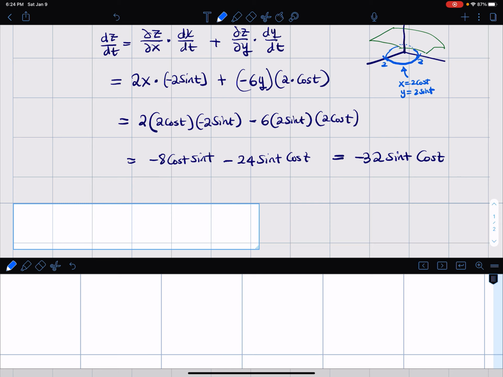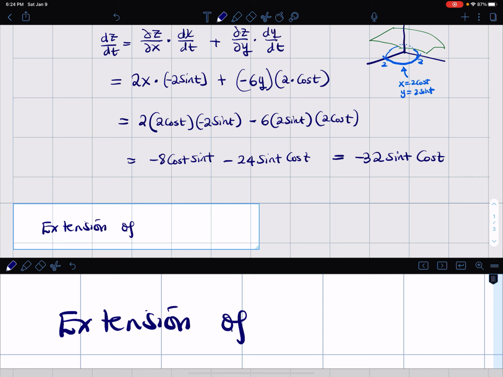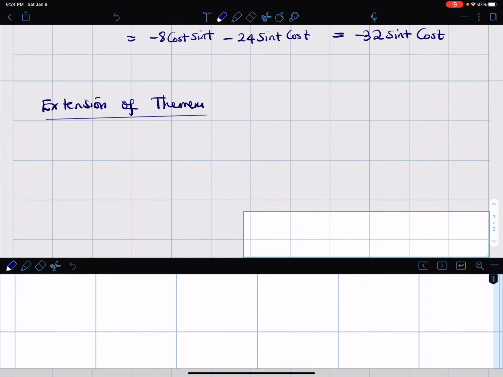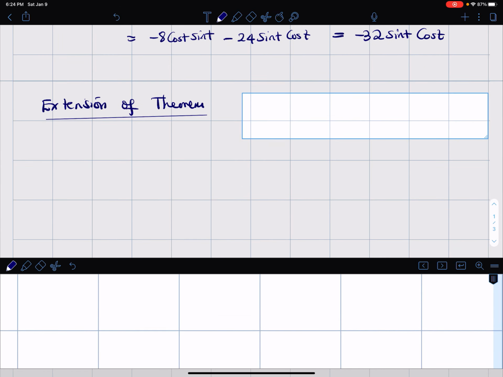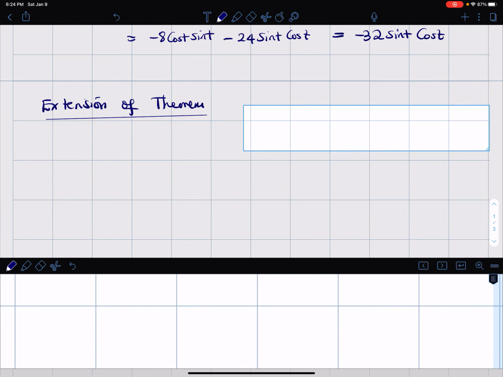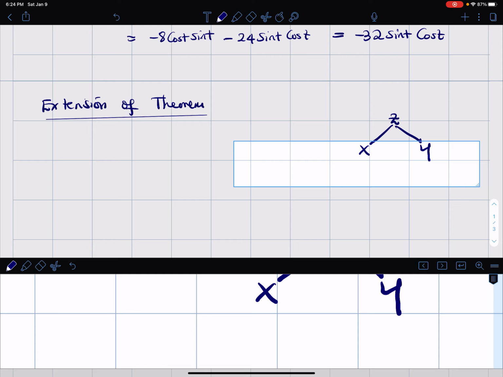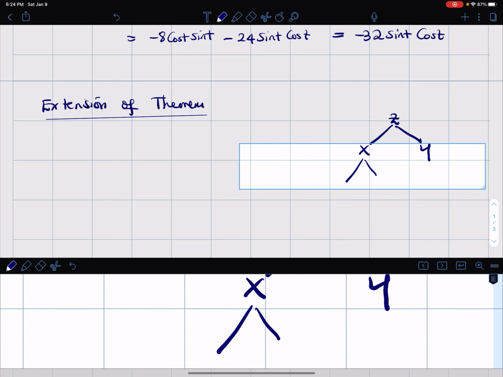Let's extend our theorem a little bit. Instead of having our tree diagram in such a way that z has the two children x and y, and each of them has just one child, now let's give them two children each.